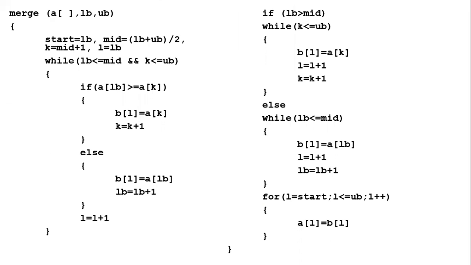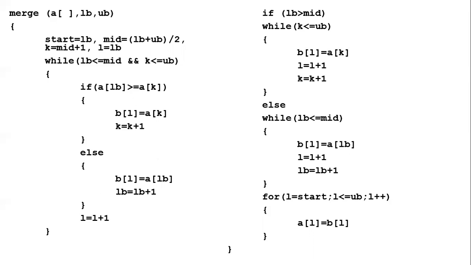What is the content of the temporary array in the 0th location? The content of the 0th location was 10, and 20 comes to the first location of the temporary array. Then LB will be increased by 1. What was the value of LB?